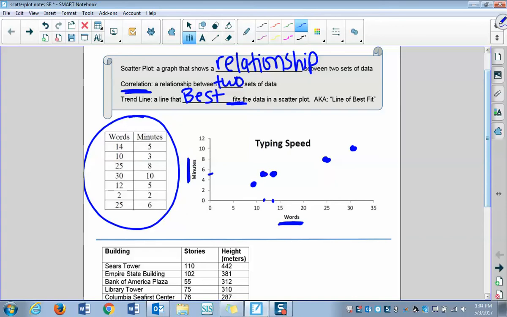So it needs to be next to that one. 2, 2. And 25, 6 would be right there. All right? And that's what the data looks like, looking at how many words are typed per minute.